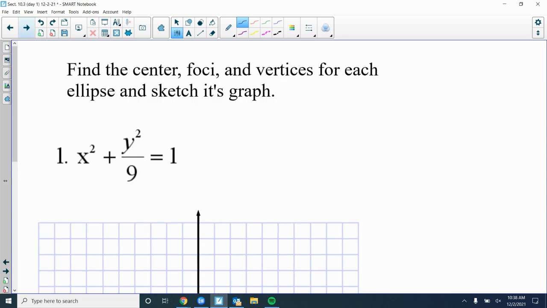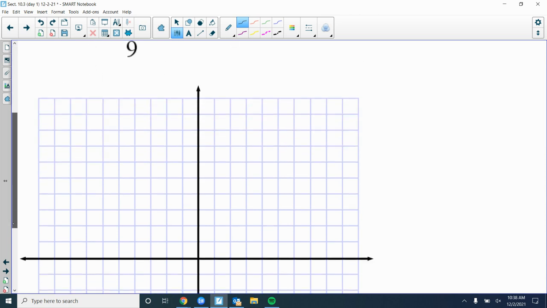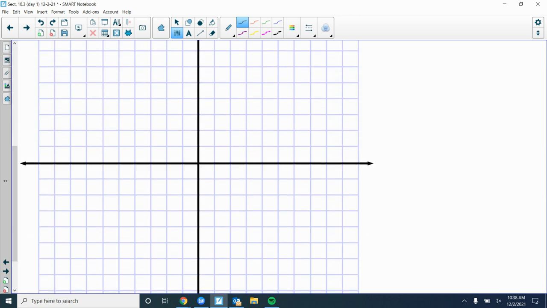All right, so this is the one you have. It says find the center, find the 2 foci, find the 2 vertices, and then sketch its graph. I'm going to change the scale, just like we did a little bit yesterday.